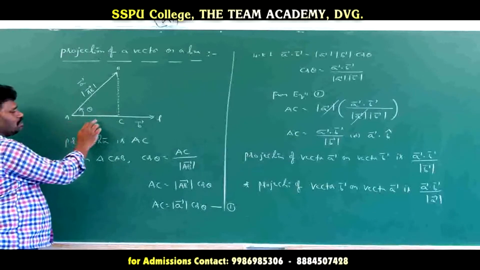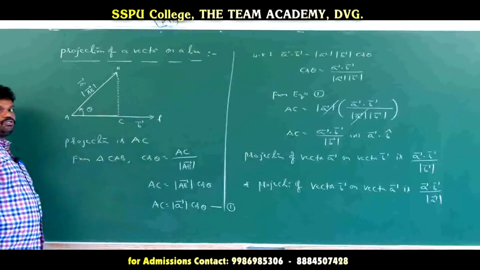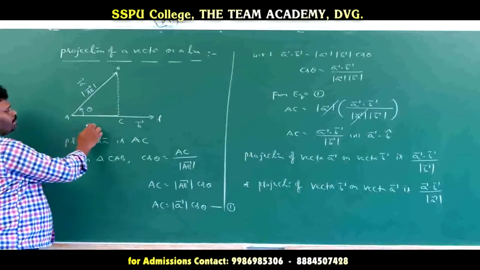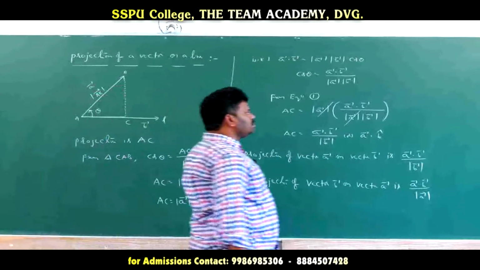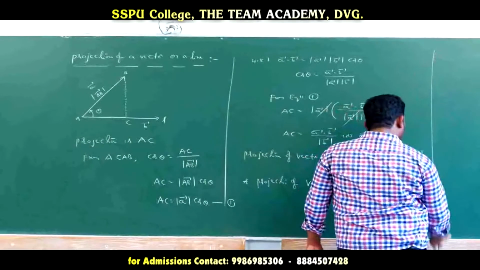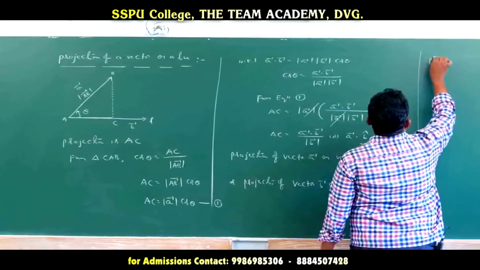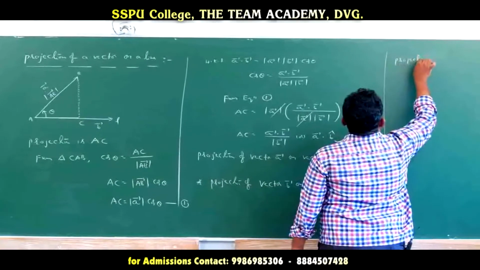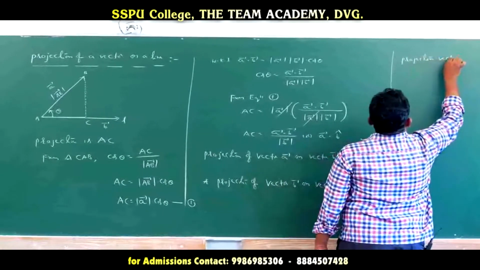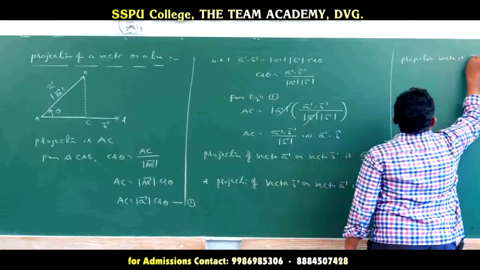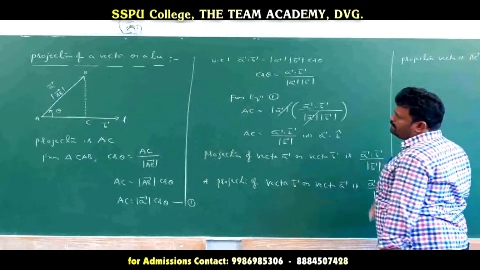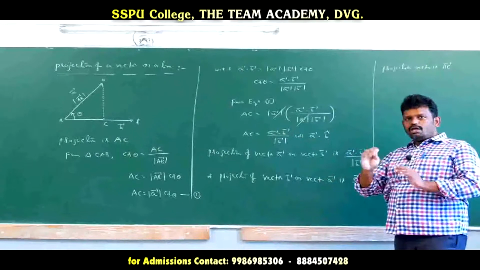This is the projection. Now, if you apply a direction to that AC, it becomes another concept, the projection vector, AC bar. AC is the projection; when we give it a direction, it becomes the projection vector. How do we give the direction?